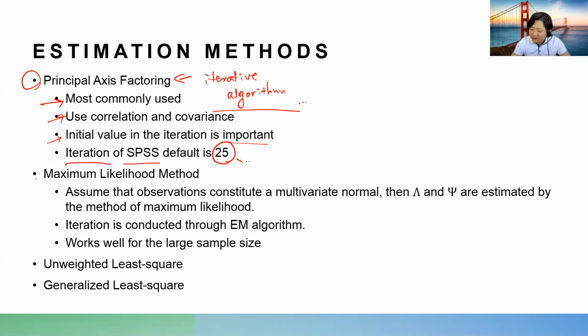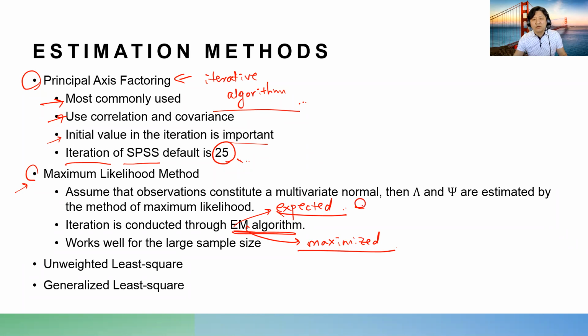We'll see that later. The second is maximum likelihood estimation. We assume that our observations follow the multivariate normal, and then using maximum likelihood we try to estimate the maximum likelihood value for each parameter. This is similar to the regression method, but it uses the EM algorithm. E is expected, M is maximized. We expect our initial value, then maximize the log likelihood value, and update it, and then maximize again, update it, maximize it again.